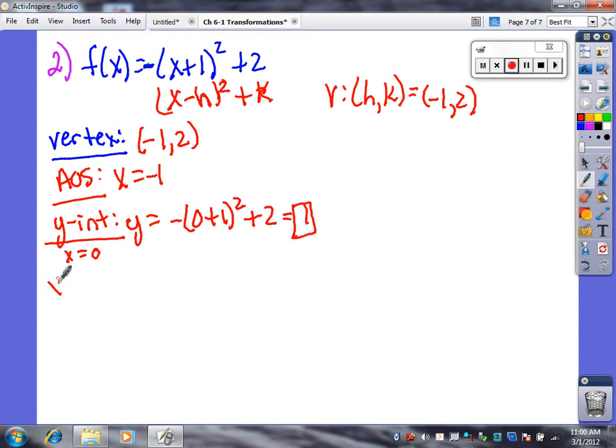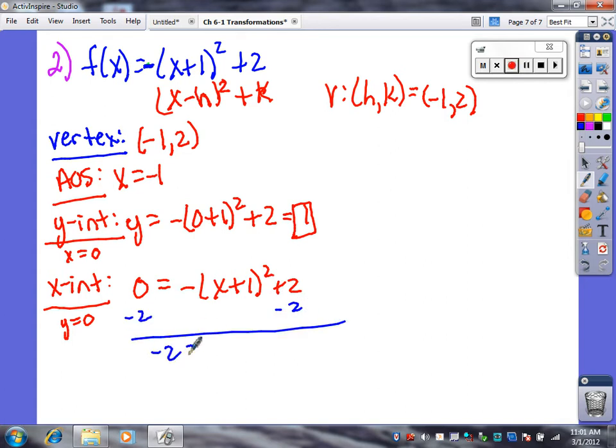And then we have our x-intercept. So we're going to solve them the same way as we did on the previous side. Remember, this is when y equals 0. Set the function equal to 0, and let's solve. So, subtract 2.